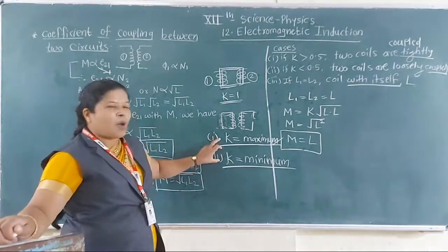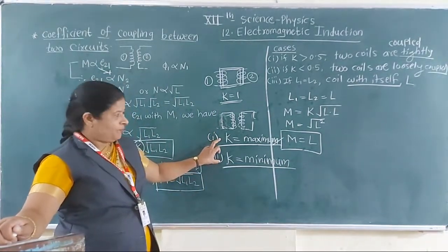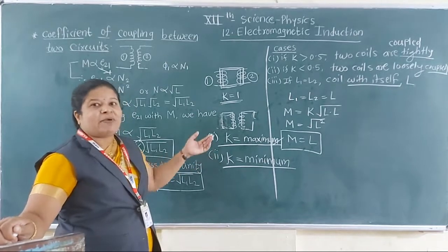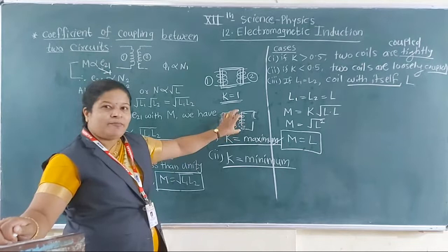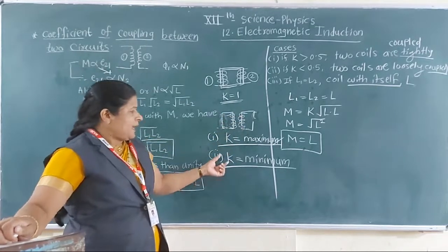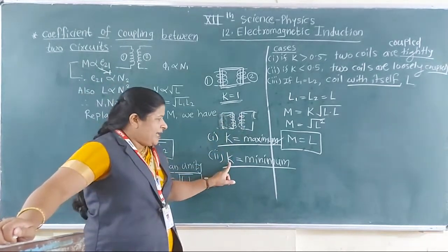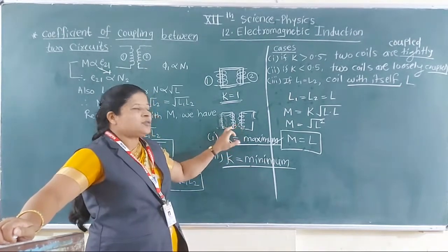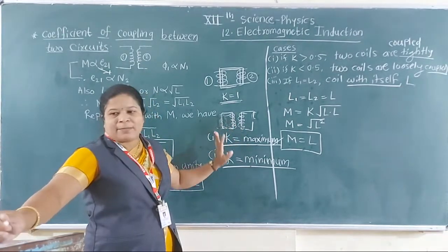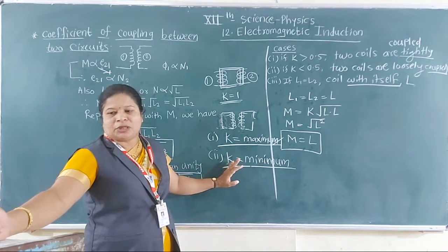These two points are important. We get the maximum value of K when these two coils are parallel to each other, and we get the minimum value of K when these two coils are perpendicular to each other.